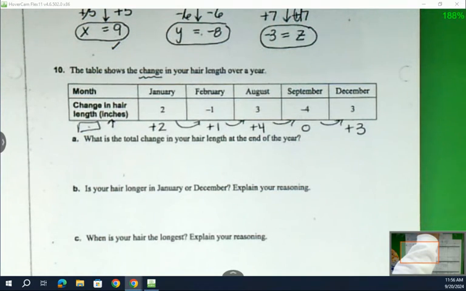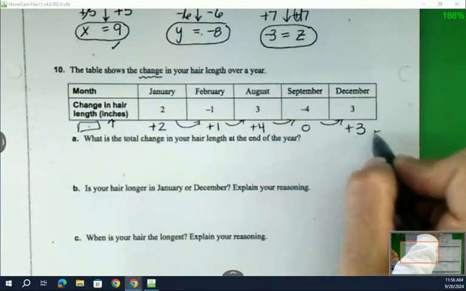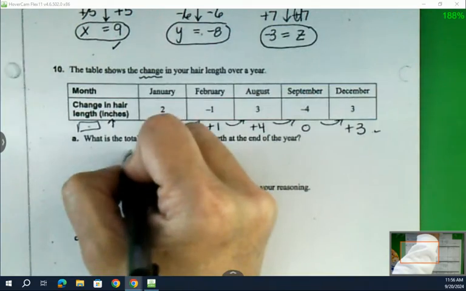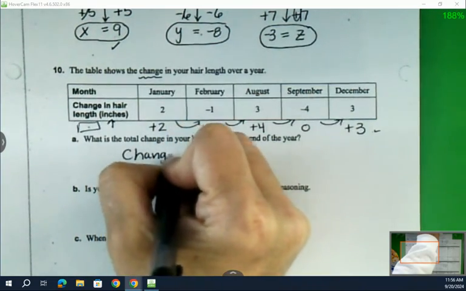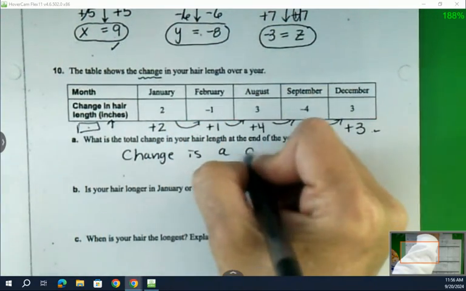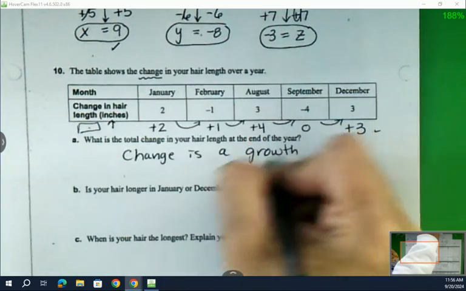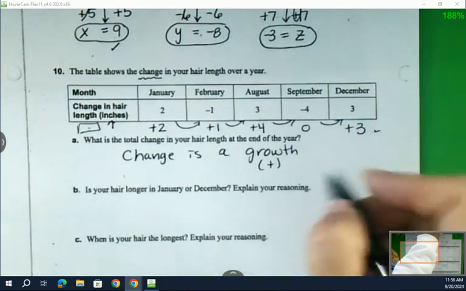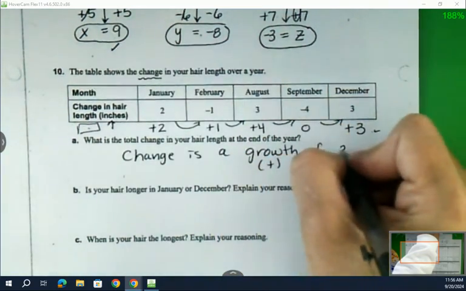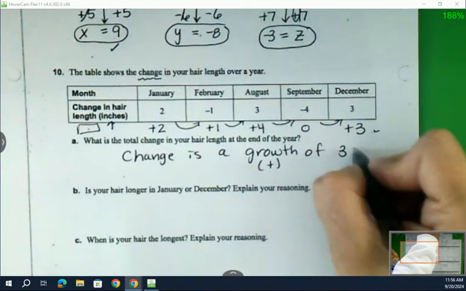Okay, A, what is the total change in your hair length at the end of the year? Well, here's our end of the year. Our change is a growth, okay, because it's in the plus of 3, and then our units, inches.